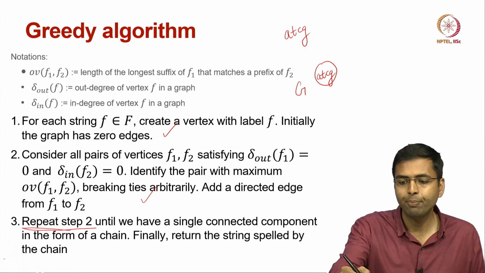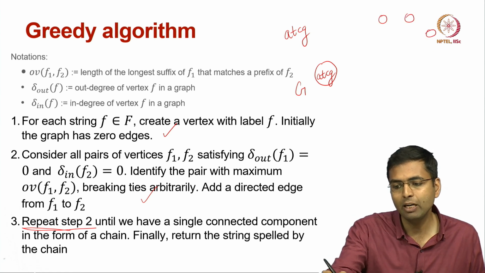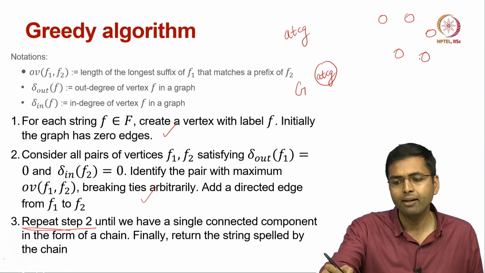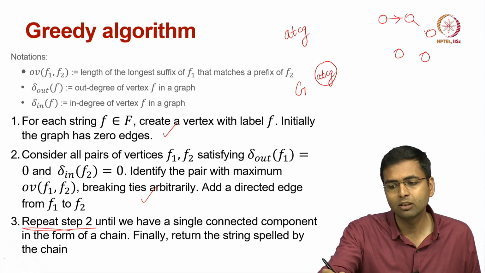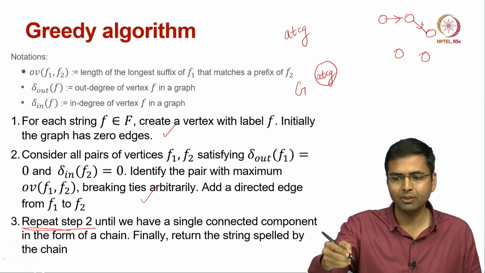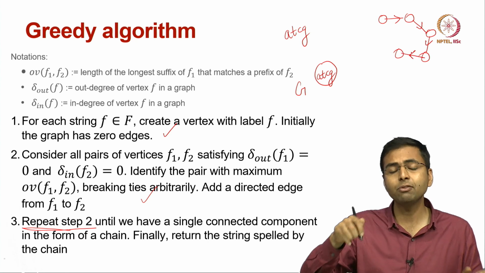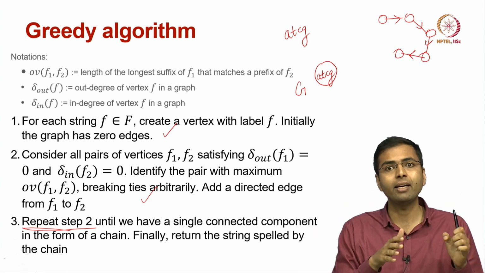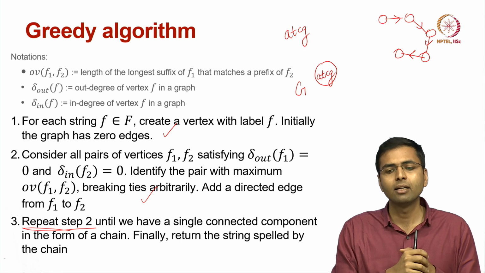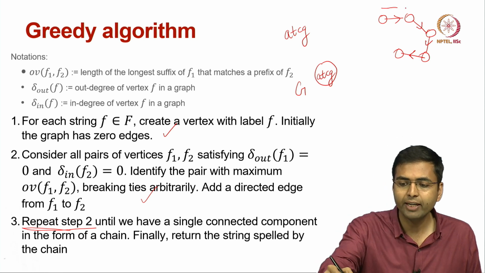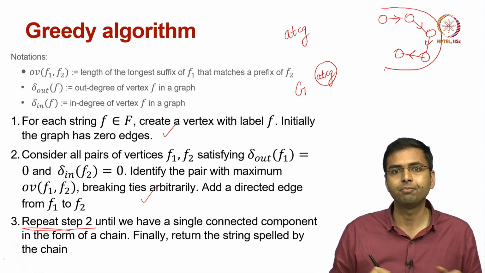So, what will end up happening is you will initially have many vertices, and we will keep on connecting these vertices based on the overlaps. We will keep on looking for maximum overlaps, and as soon as we form a single component in the form of a chain, then we will return the string spelled by that path.